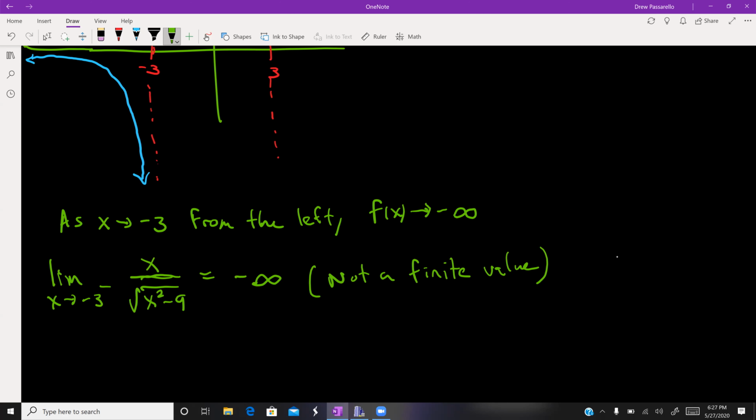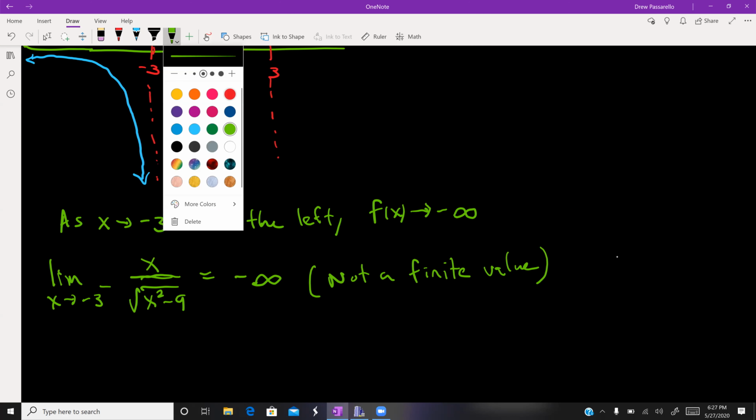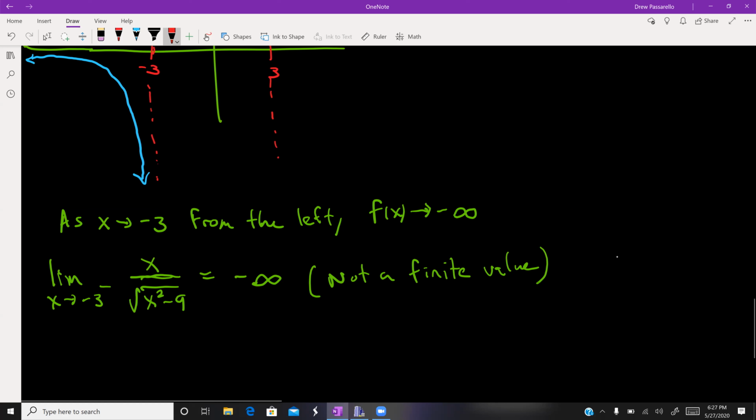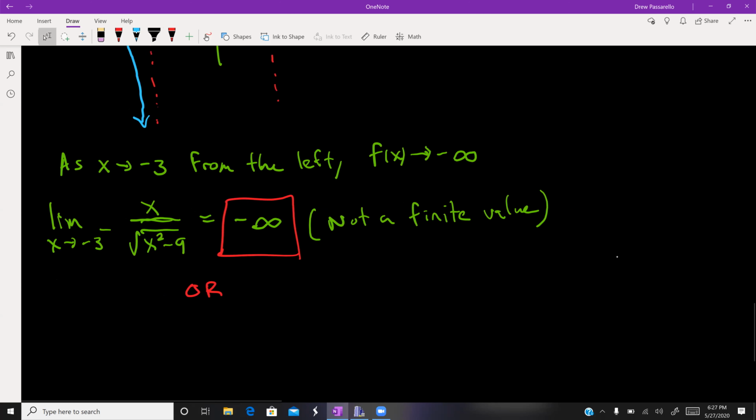So I would accept saying it's -infinity, or you could say that since there's not a finite value, no finite limit exists.